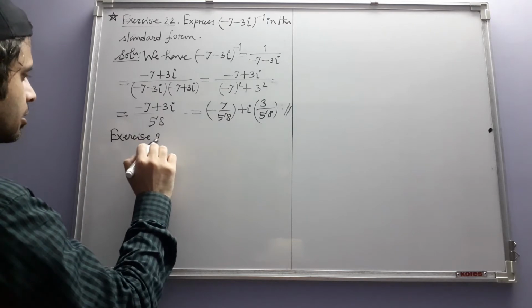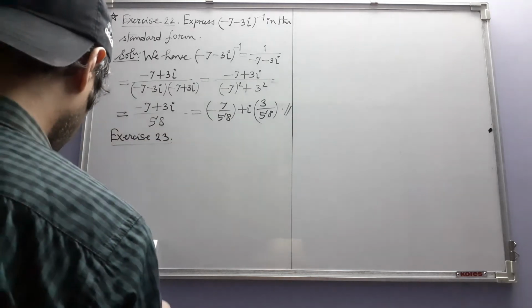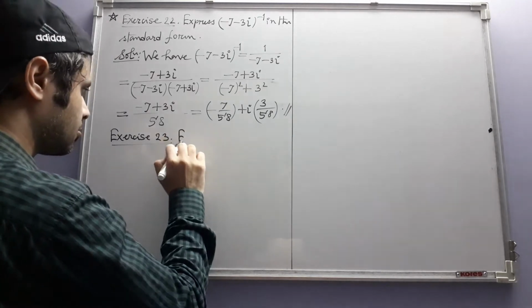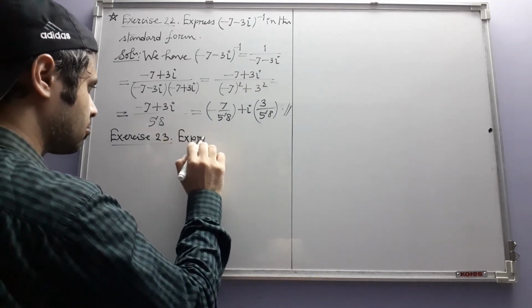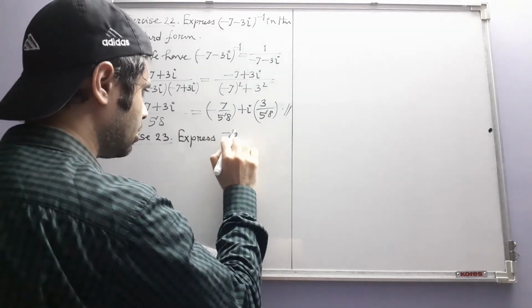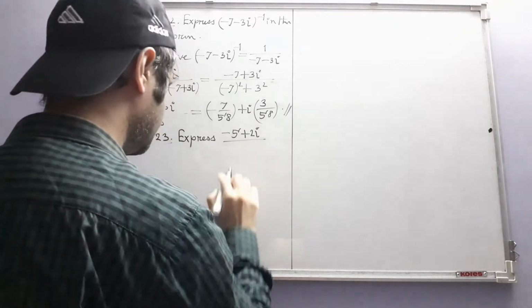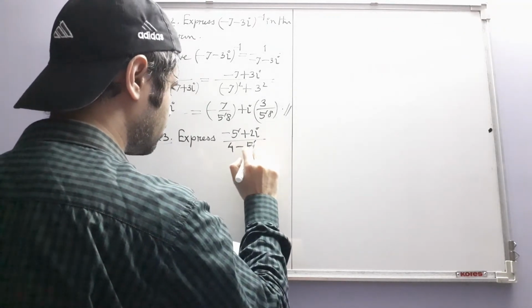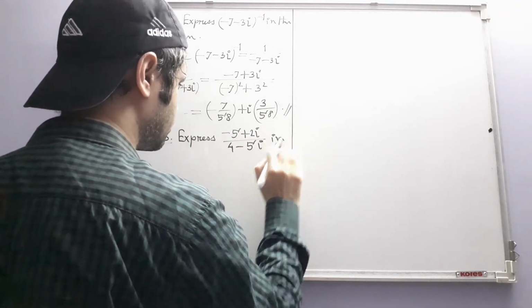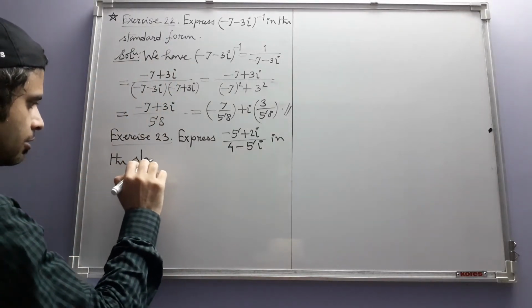Then exercise 23, this is also similar. Express -5 plus 2i divided by 4 minus 5i in the standard form.